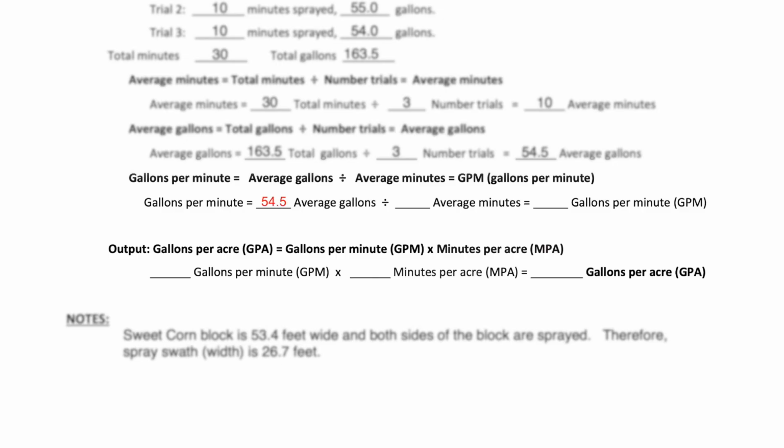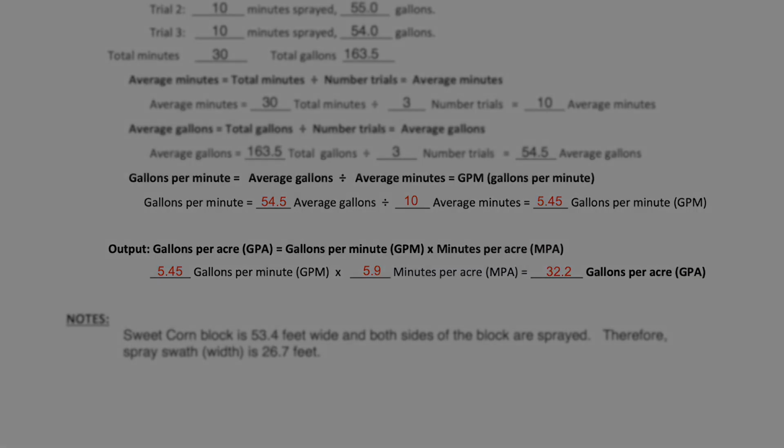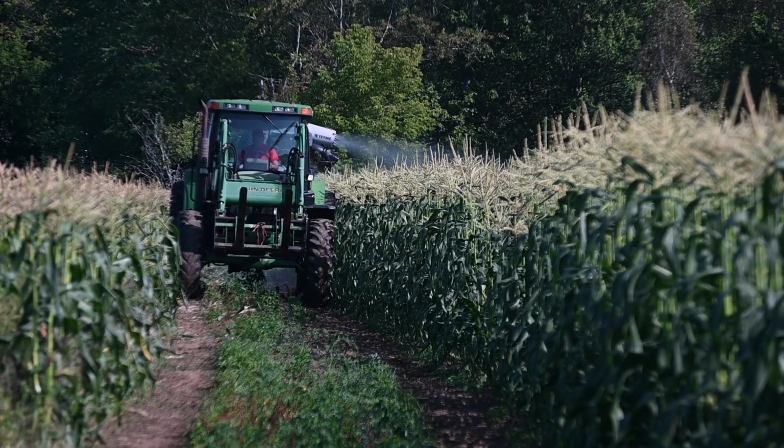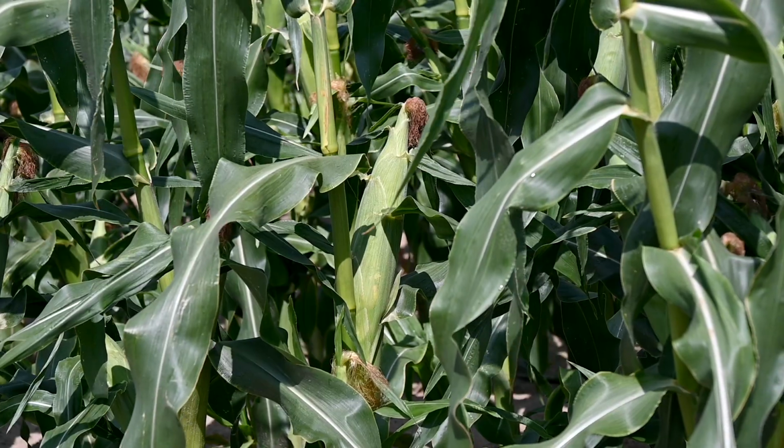Divide the 54.5 gallons by the 10 minutes, which calculates to 5.45 gallons per minute. We then multiply the 5.45 gallons per minute by the 5.9 minutes per acre to determine that we are applying 32.2 gallons per acre.